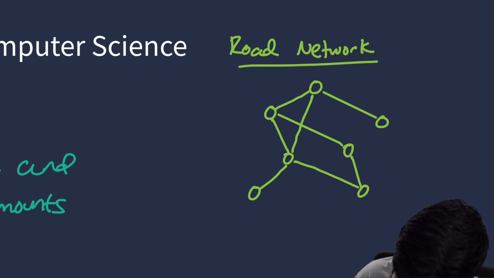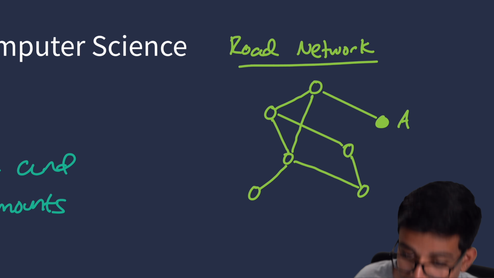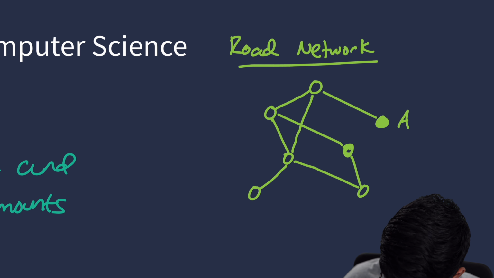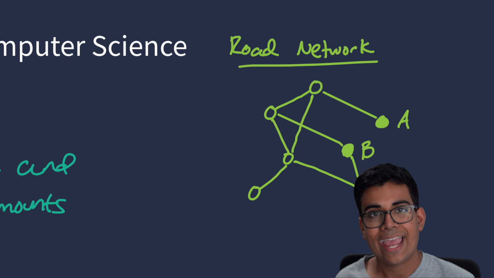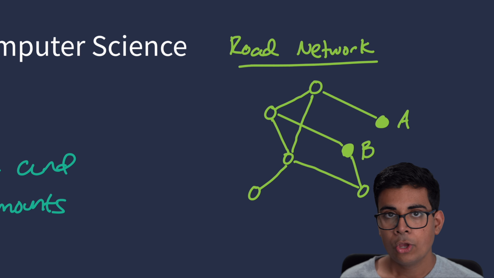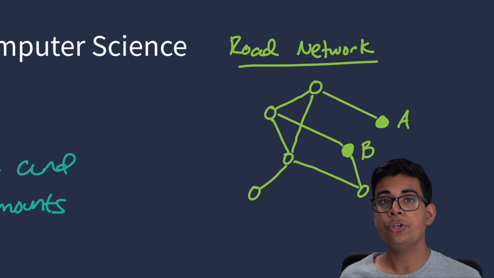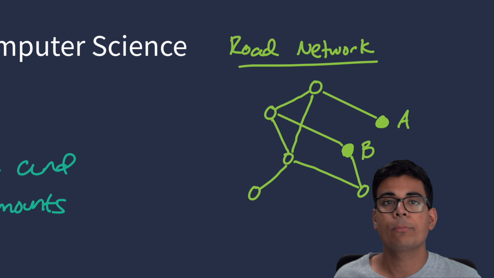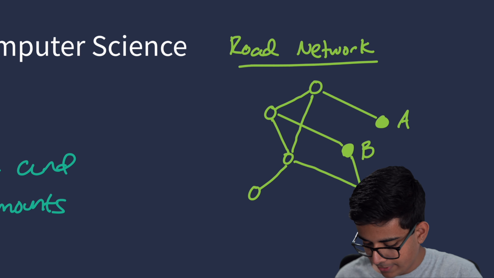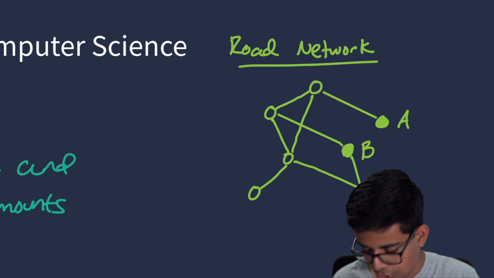And let's say we have a point here, let's say that this is point A and we want to go to some point B, right? And we want to try and find the fastest way to get from point A to point B, right? Well, how do we do that? The first thing we need to do is we need to represent our entire road network in our program, right? We have this very complicated looking diagram here.